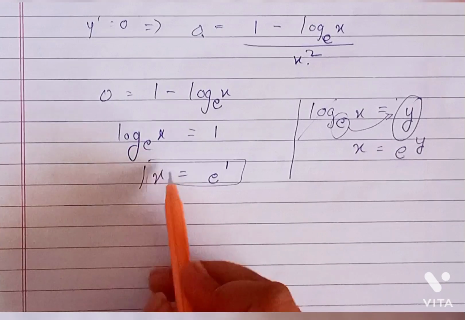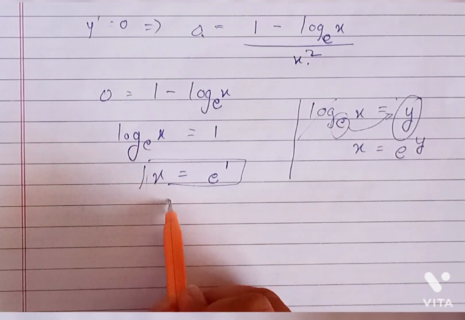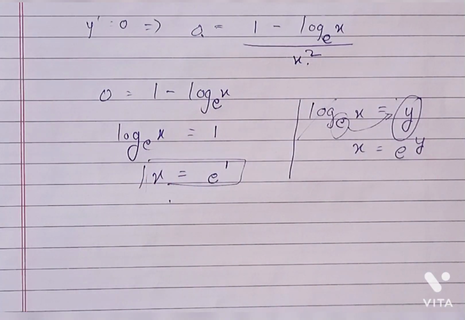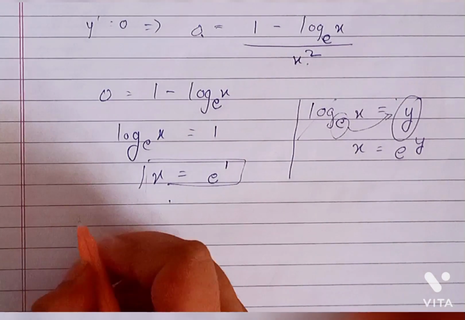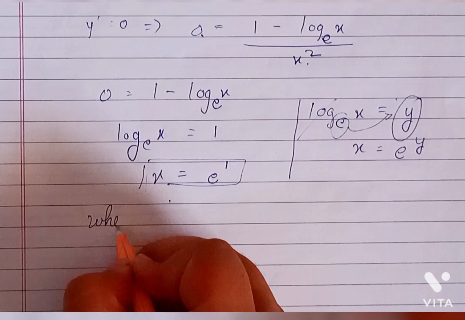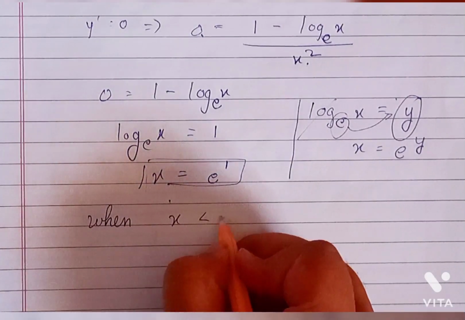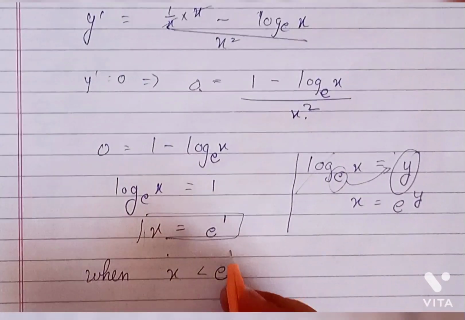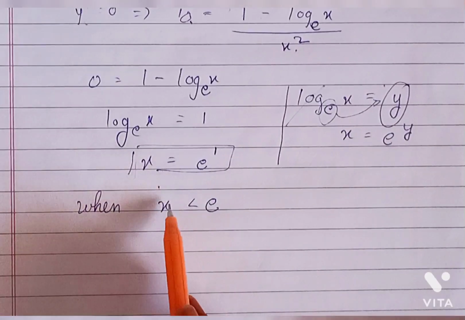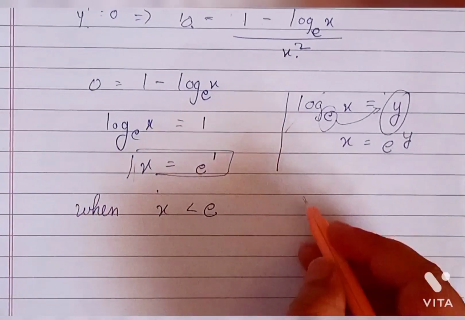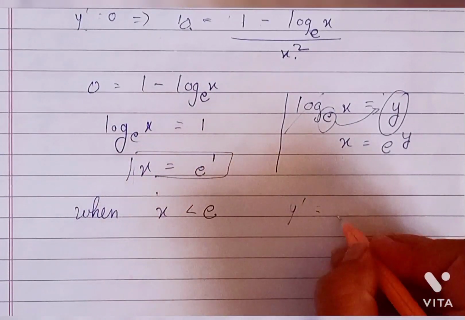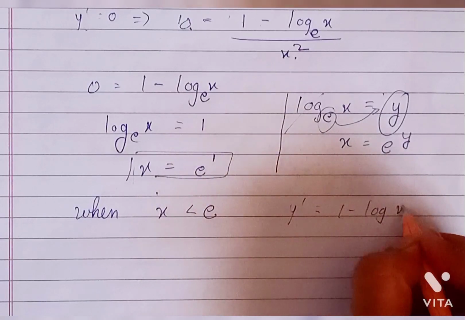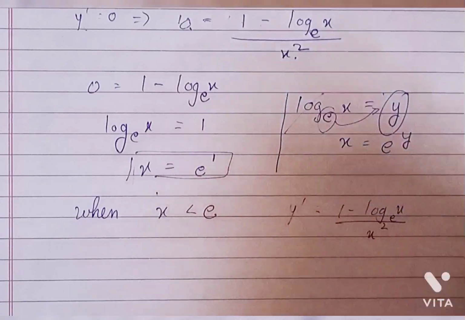We need to see whether it's maximum or not. Either use the first derivative test or the second derivative test. Here I am using the first derivative test, so take x less than e. Now my y dash is (1 minus log x to the base e) upon x square.